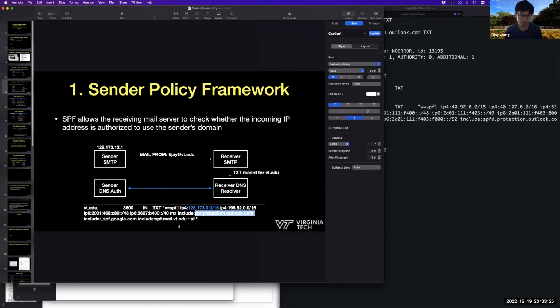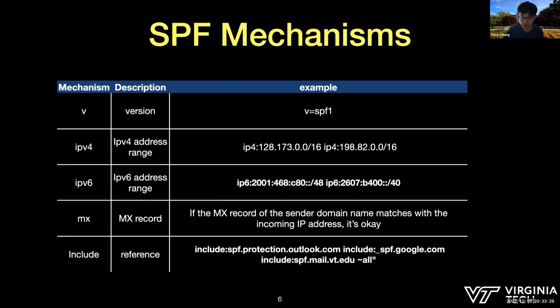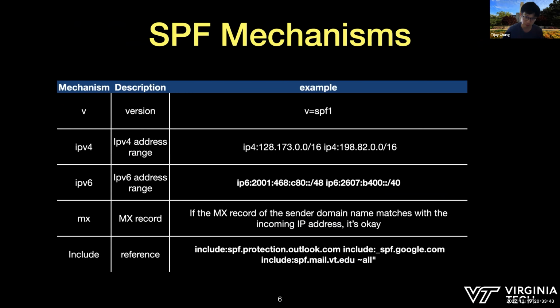Let me keep going. This example is a very tiny, simple example, but TXT records for SPF can include many different mechanisms. For example, it can include v, which describes the version, an IPv4 range or IPv6 range, or an MX record. Sometimes it points to another type of DNS record.